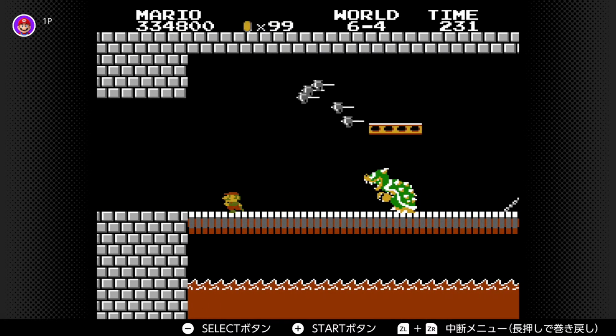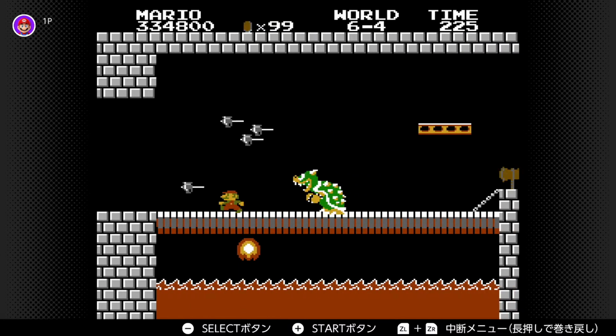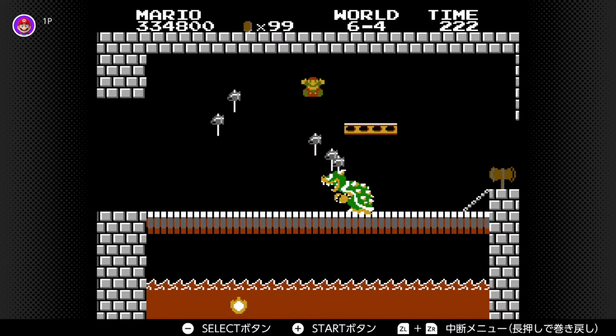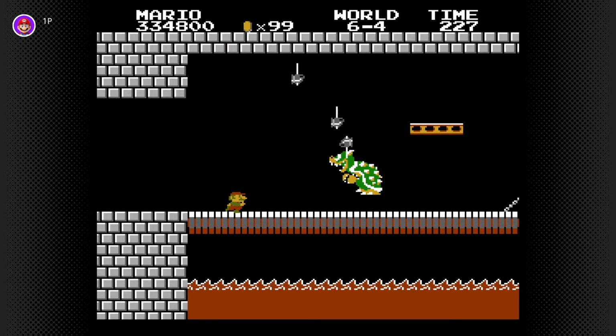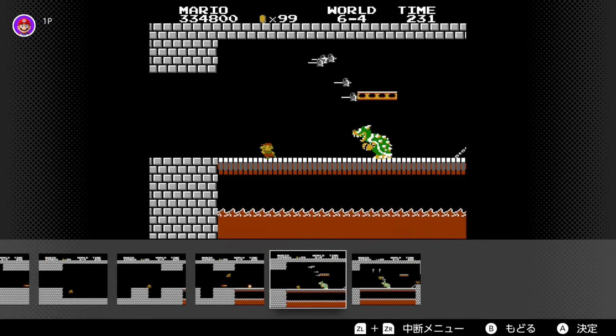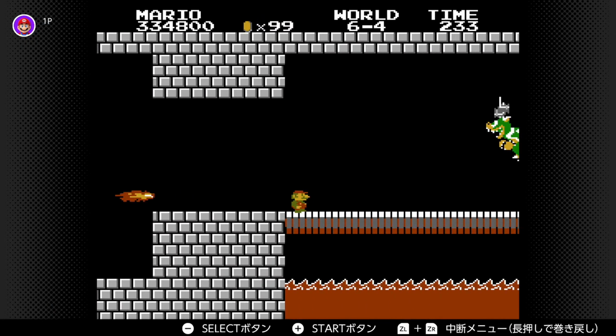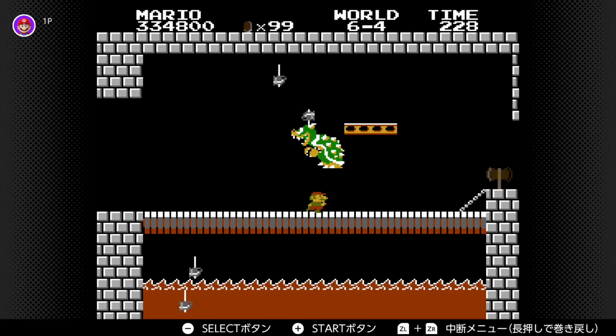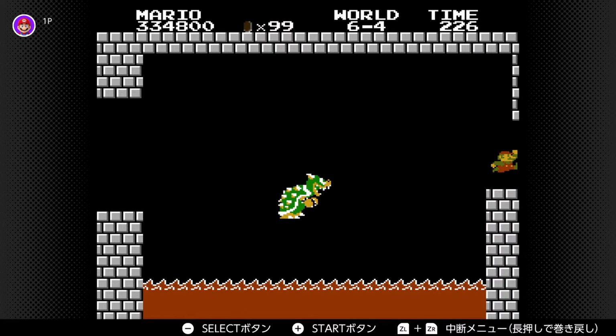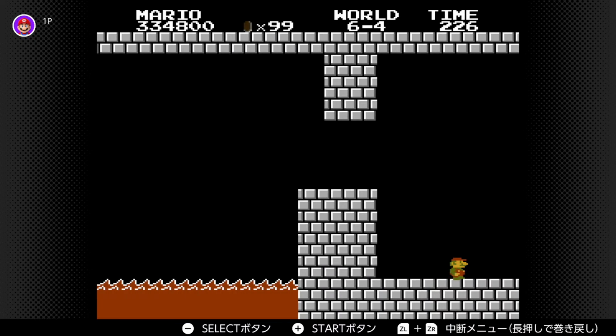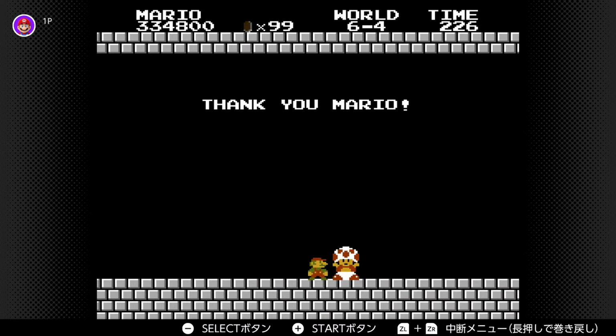A really short one. But of course now Bowser starts throwing hammers, so it's not as easy. Let's go back here. Let's try to go below him. And so yes, we finished World 6.